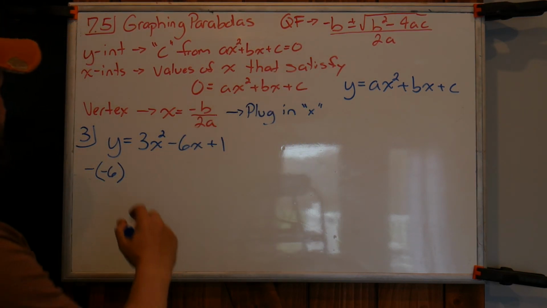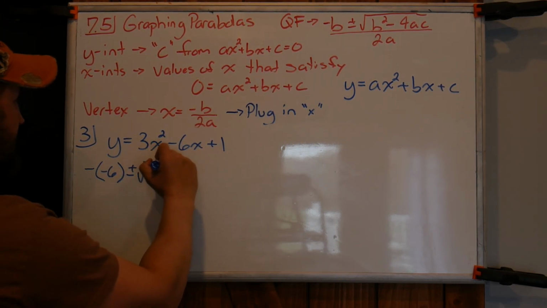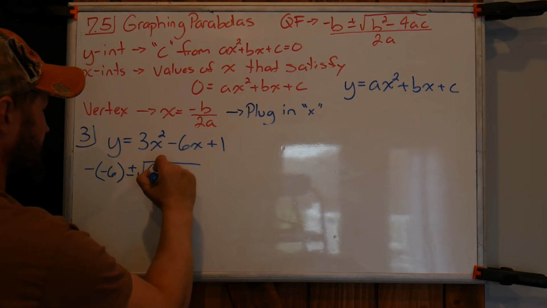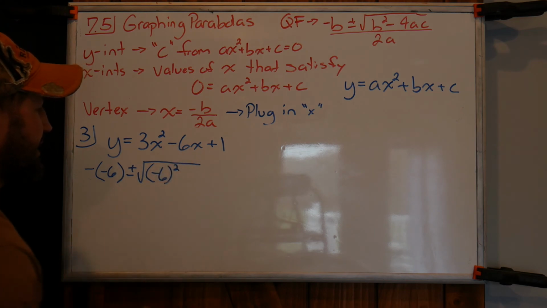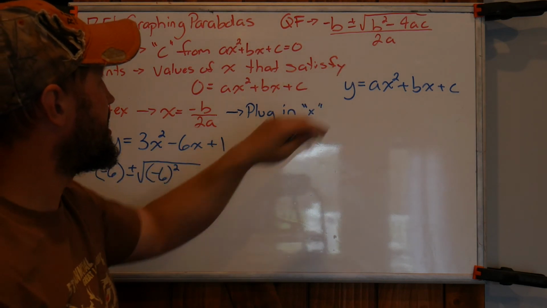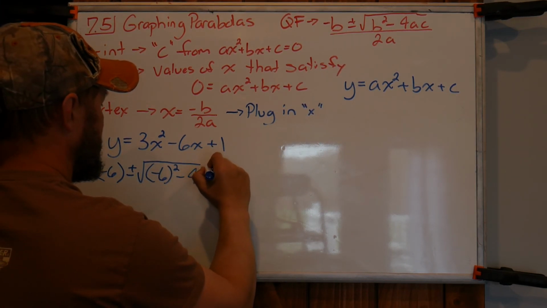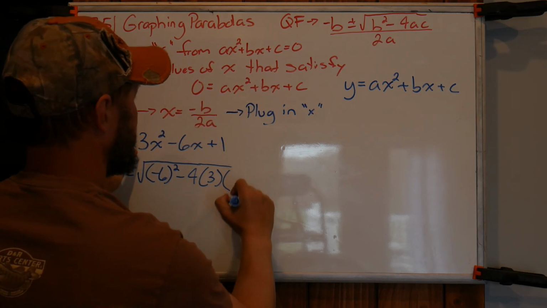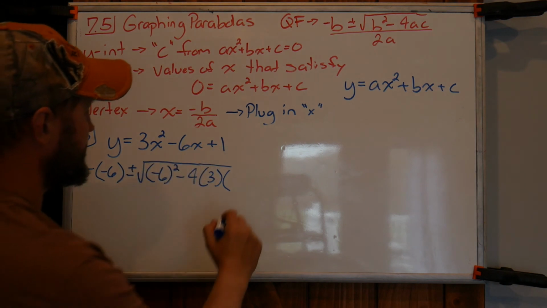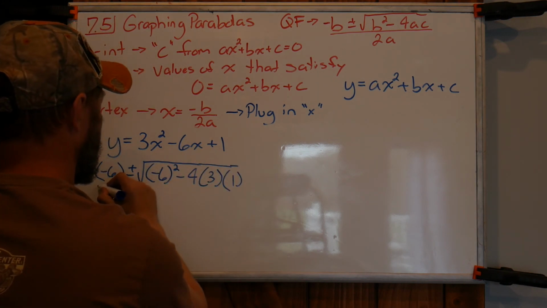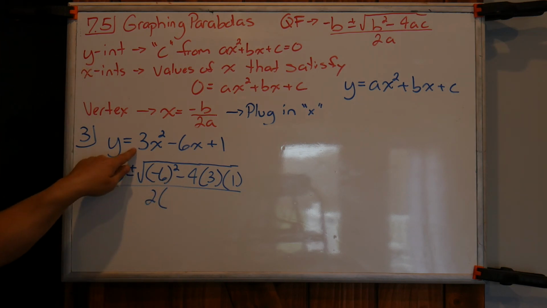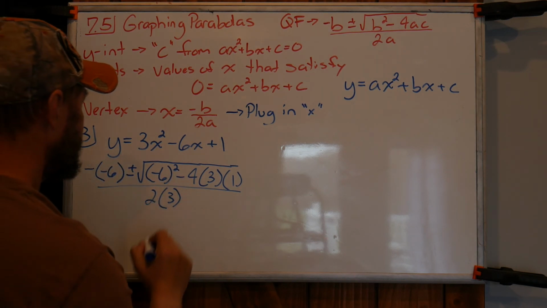So a negative 6 plus or minus the square root of our b squared, negative 6 squared. I'll write everything out so that you can see where they fall. Minus 4 times a, which is 3, times c, which is 1. And that is all over 2a, which in this case is 3.